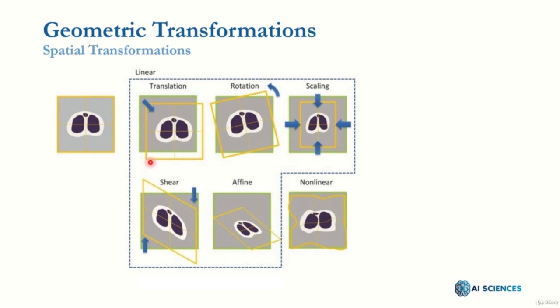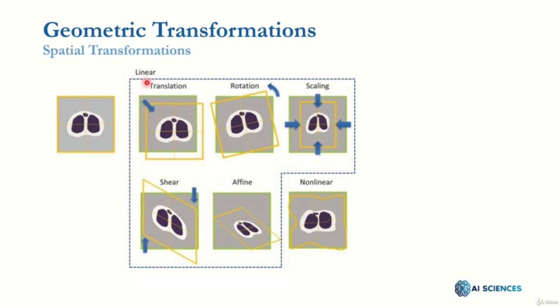So the geometric transformations deal with changing an image to one of its scaled variants, zoomed in, zoomed out variant, rotated variant, translated variant, sheared variant, or any of its combinations.